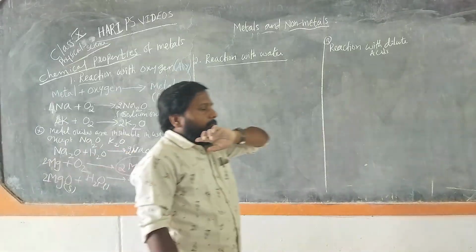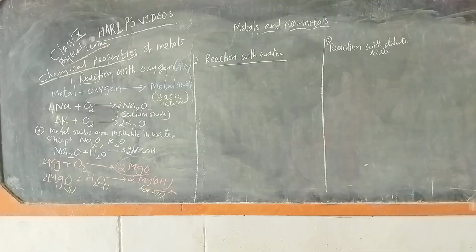Then coming to amphoteric metal oxides: aluminium oxide reacts with acid, it gives aluminium salt plus water.